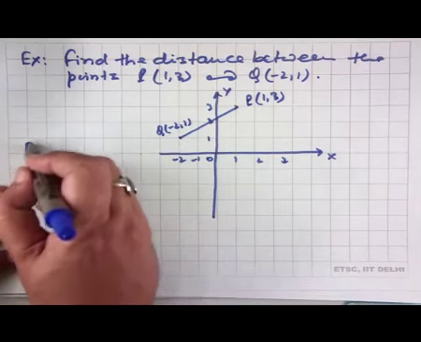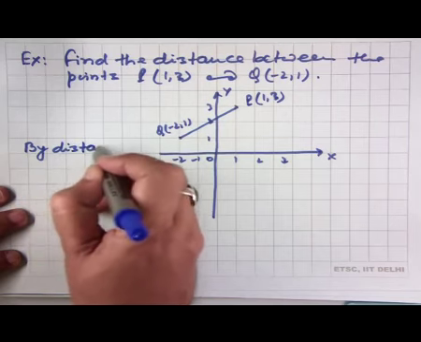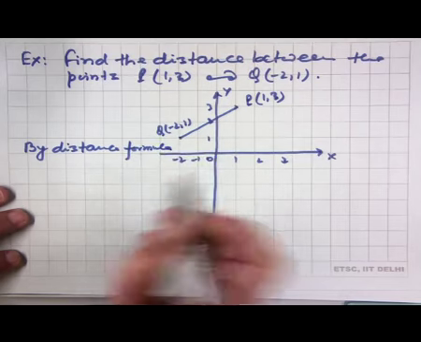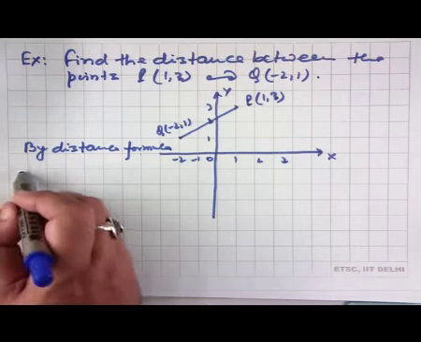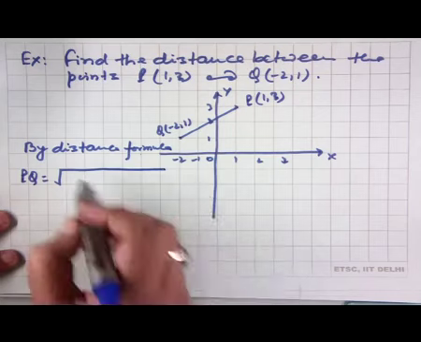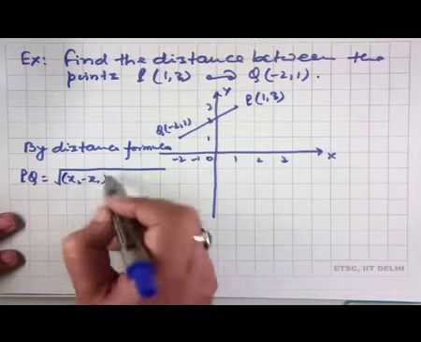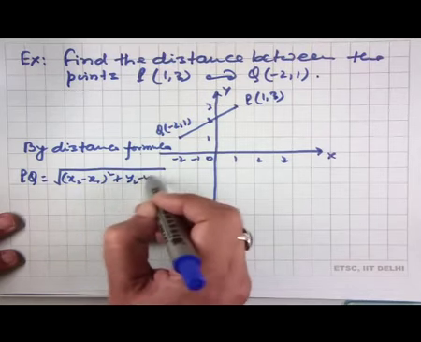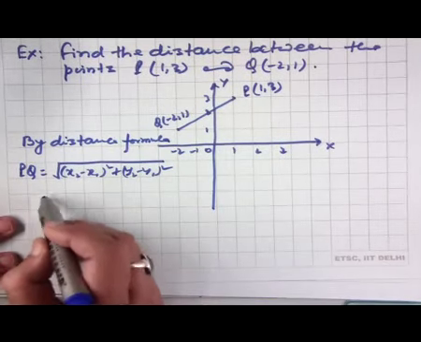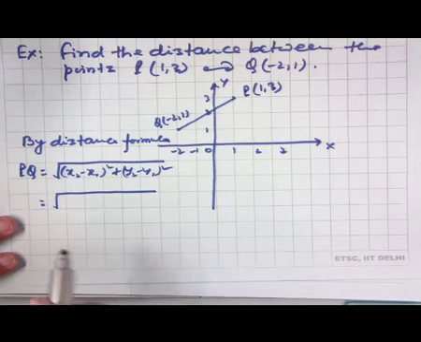So, by the distance formula, PQ is equal to the square root of (x2 minus x1) whole square plus (y2 minus y1) whole square. Now put the values of x2, x1, y2, y1.